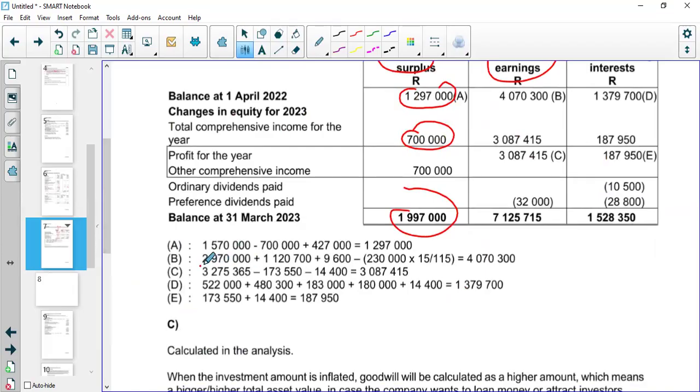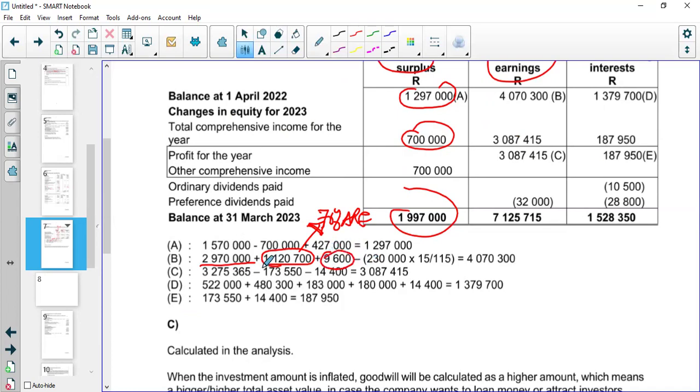So this amount here, plus 1,120, right? 1,120 goes to what? This is the 70%, right? Of the adjusted retained earnings. And this amount here, how much is this?